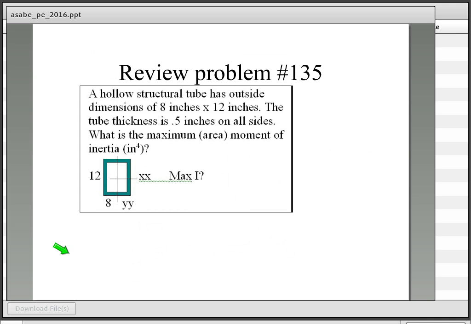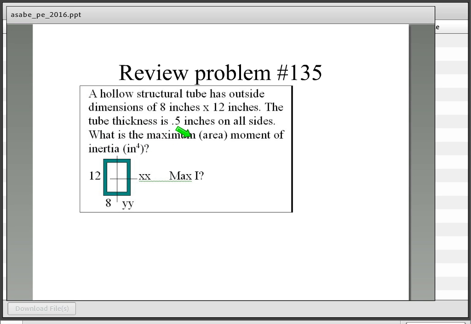So here's another little review problem. We consider a hollow structural tube, and let's say it has dimensions of 8 inches by 12 inches in height. And we'll say the tube thickness is 1/2 an inch on all sides.